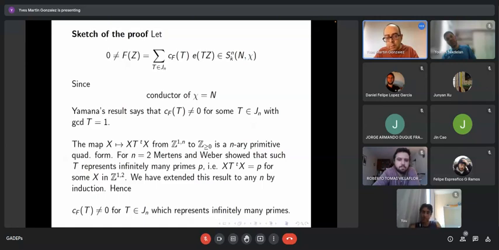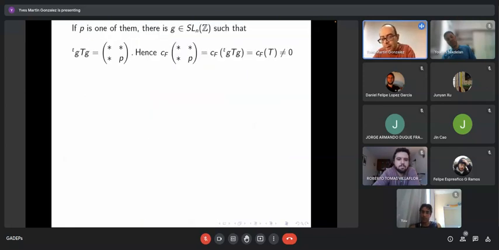Okay? So I can say something about this t that is special: it represents infinitely many primes. Suppose that p is one of these primes. So this means that if I take t and conjugate it by some matrix G in SL_n(Z), I get a matrix that looks like this. In the lower right entry, I can put p here.